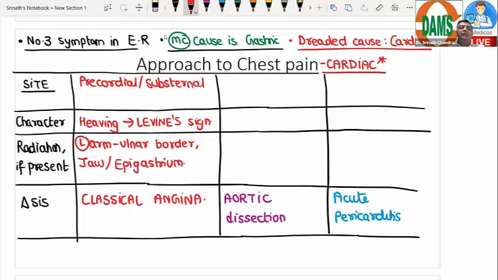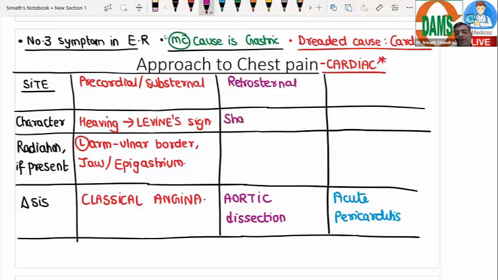Okay, so definitely based on the clinical history, we can think of angina as the cause of chest pain in this patient. How will aortic dissection come? Aortic dissection also can be retrosternal pain. How is it?